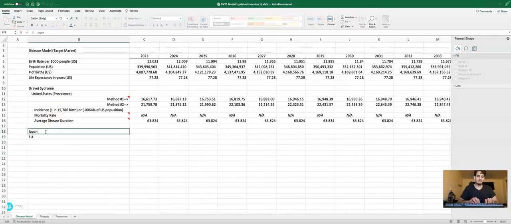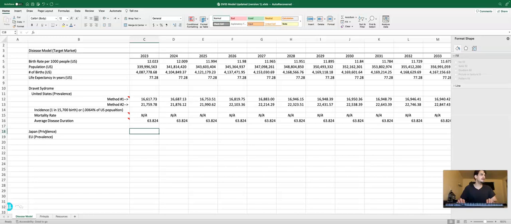So Japan, prevalence, and then EU. So Japan, I think it was like 6,000. That's their own estimates.